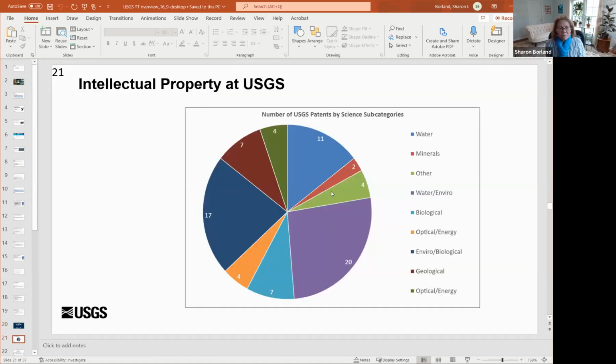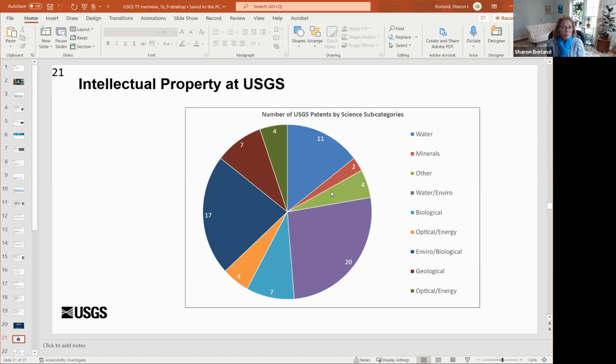Now, this is just a snapshot of intellectual property at USGS. So now I'm shifting into more USGS specific projects and examples. Currently we have roughly 40 patents that are active.